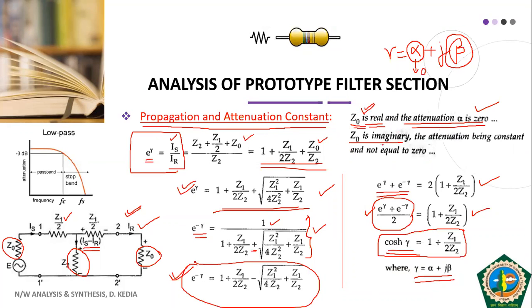If our characteristic impedance is imaginary, it means that our attenuation alpha will be some constant value and not equal to 0. And what does it mean? That it is stop band. So in other words, in pass band our z naught will be real, and in stop band our z naught will be imaginary. This you have to memorize, because it will be required in the designing of the filter. I hope it is clear to each and everyone. Now let us move forward.